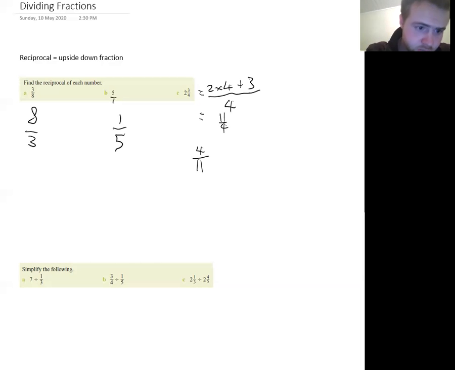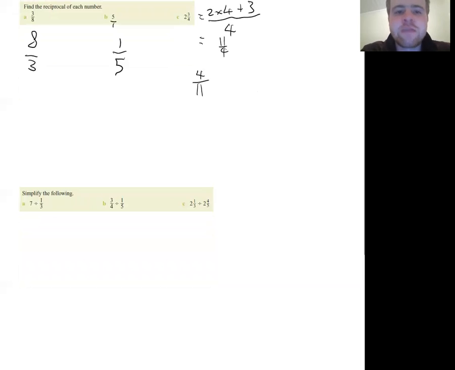Okay, now we know that our fraction, the line that separates the two, can also be shown as dividing by. Okay, so 3/8 is the same as 3 divided by 8. Now, when we divide by a fraction, it's almost as if we're dividing and then dividing again. Similar to the idea of subtracting and then subtracting again, or having two negatives next to each other, that's going to cancel out and become the opposite.